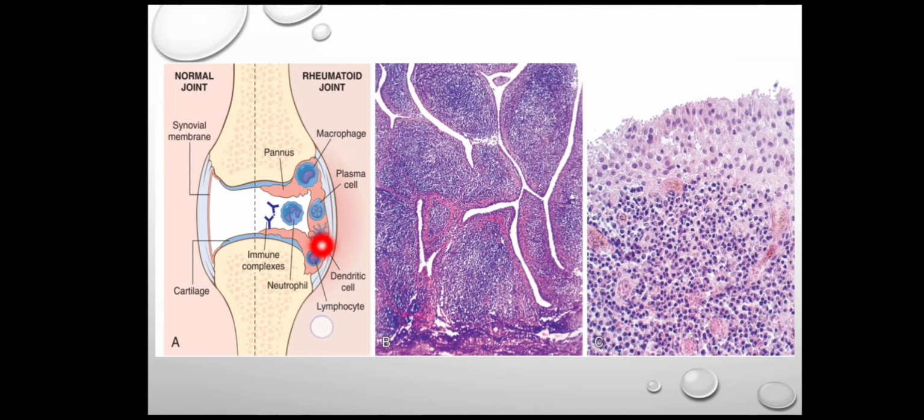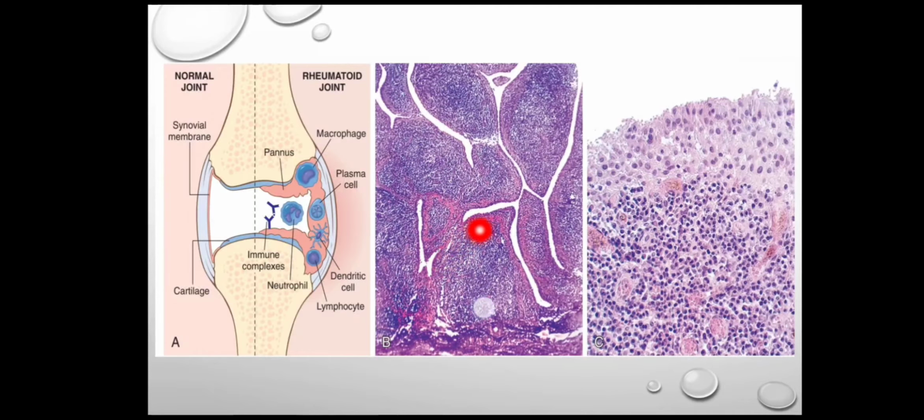Also it will activate B cells, so plasma cells will be formed, and that will release autoantibodies. The macrophages will release collagenases, elastases, and fibrogenic factors which will lead to fibrosis of the synovial membrane, leading to pannus formation. Plasma cells will release antibodies, so antigen antibody complexes will be formed and deposited on the synovial membrane.